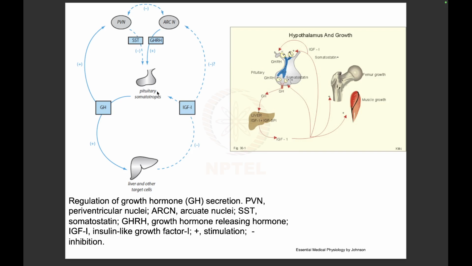IGF-1 further inhibits the pituitary gland to inhibit the secretion of growth hormone, and it also acts on the arcuate nuclei to inhibit the secretion of growth hormone releasing hormone. Growth hormone can also directly inhibit the PVN, the periventricular nuclei, to inhibit the secretion of somatostatin, which inhibits growth hormone, so that the secretion of growth hormone increases.